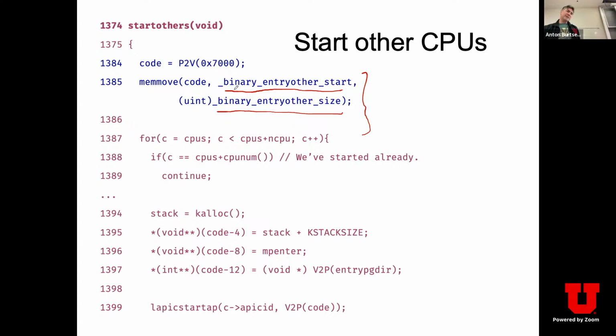So we move this assembly into the physical address of 7000. Since we cannot access the physical address directly, we need to do P2V, because we can only access a virtual address. So it will be essentially shifted by 2 GB, right? And this is where we copy this initial sequence, right?